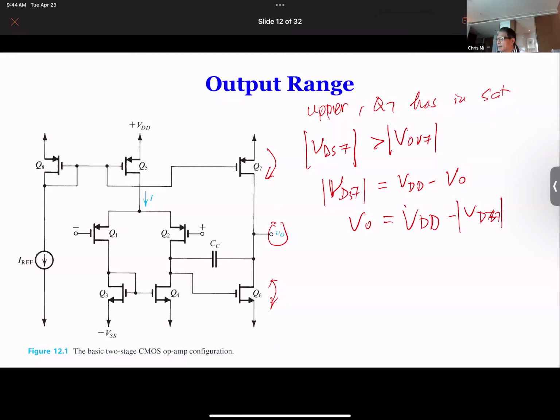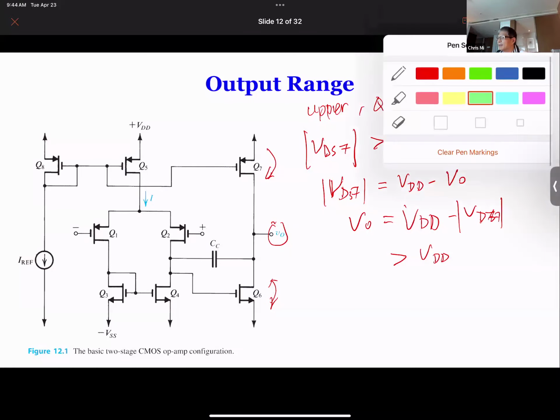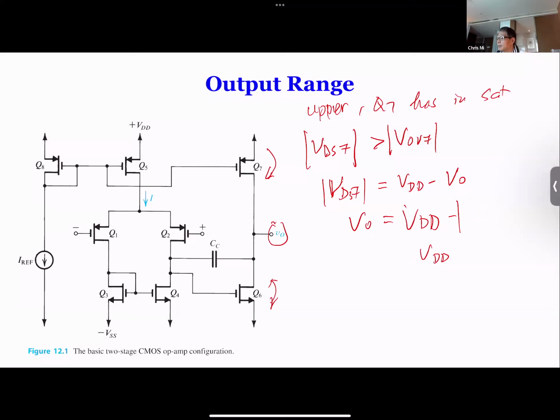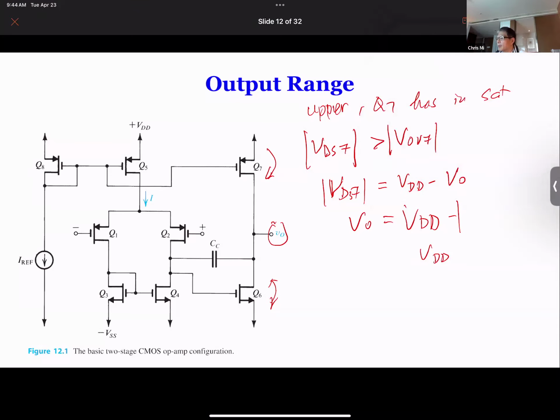But because VDS7 has to be larger than VOV7, so therefore, we have VO has to be less than VDD minus VOV7. So that's our upper bound.